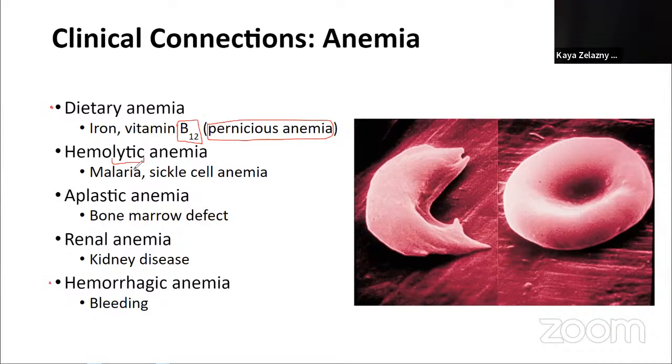Sickle cell anemia isn't really an attack on your red blood cells so much as it is a misshaped red blood cell. So in sickle cell anemia, this is a picture, red blood cells, instead of being their donut shape, that biconcave disc, they're like a little crescent moon.